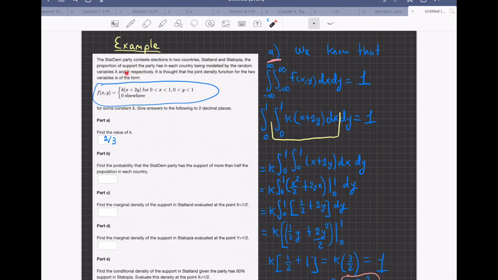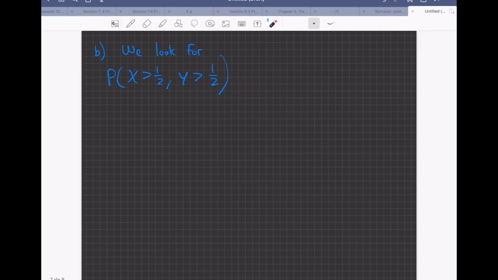X and Y are supposed to represent the proportion of support the party has in each country. I know that it's like a lack of information, but we're assuming that since it's a proportion, it's a number between 0 and 1. So x greater than 1/2, y greater than 1/2.